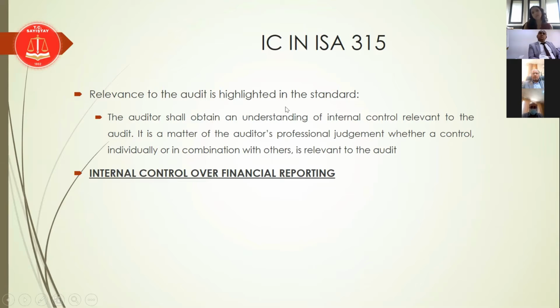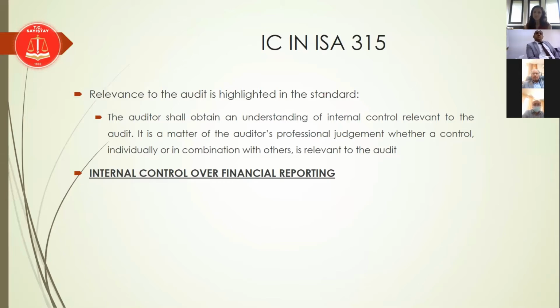So we understand that the relevance is up to the professional judgment of the auditor. And in these standards, you can see many phrases and principles which highlight the internal control over financial reporting. Here is the main focus of us today in this presentation.